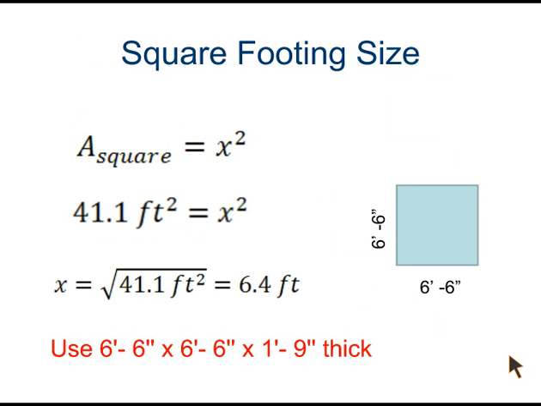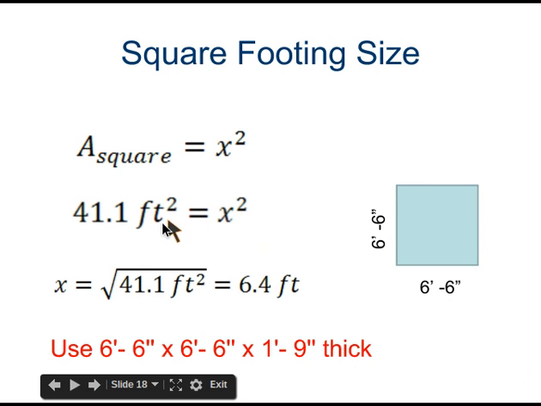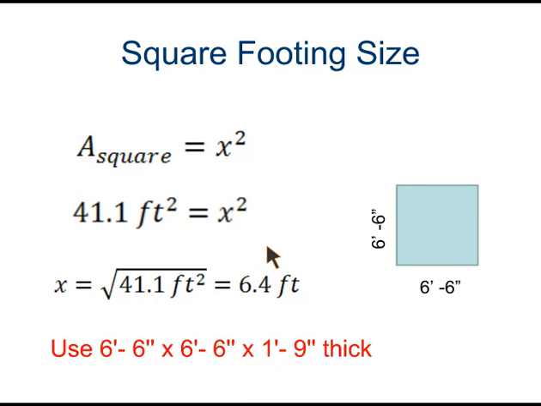So if we're going to calculate the square footing size, the area of a square is the 2 sides squared, or x squared if x is on either side. So 41.1 square feet equals x squared. Take the square root of both sides. We get 6.4 feet. So now 6.4 feet is equivalent to 6 feet, 4.8 inches. Now always round up when designing footings.